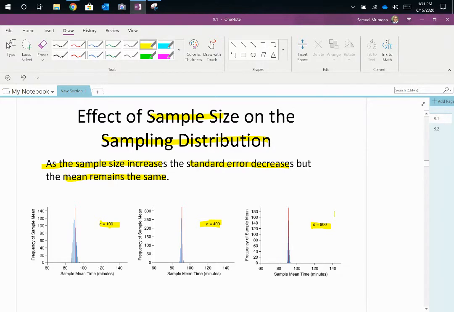You can see the curves becoming smaller, so there's less error as the sample size gets larger. That curve is narrower in that sense.